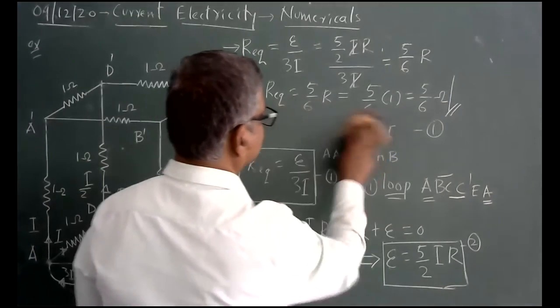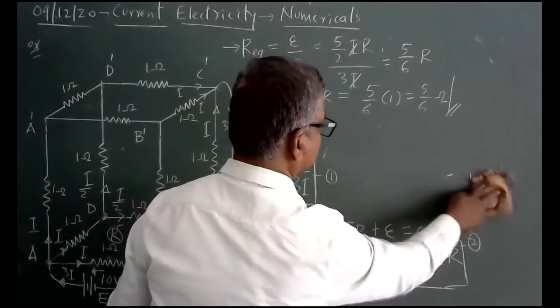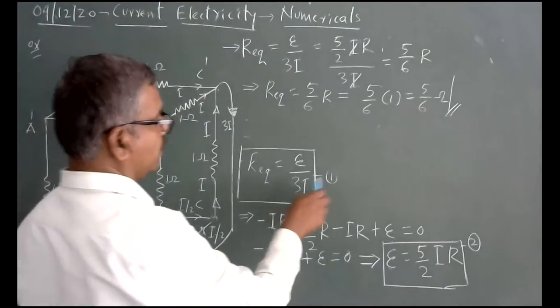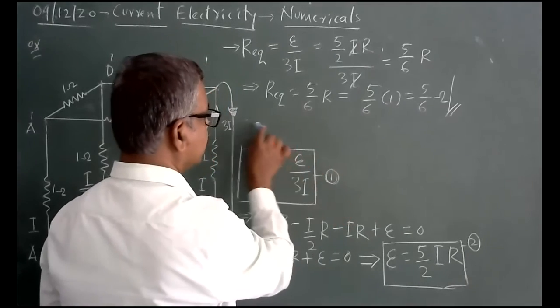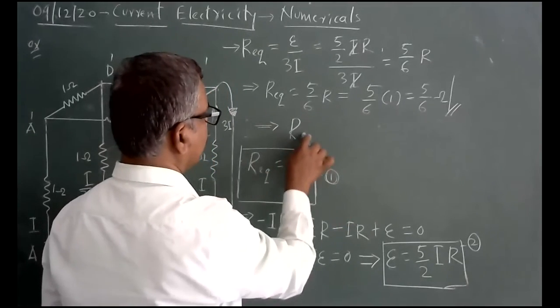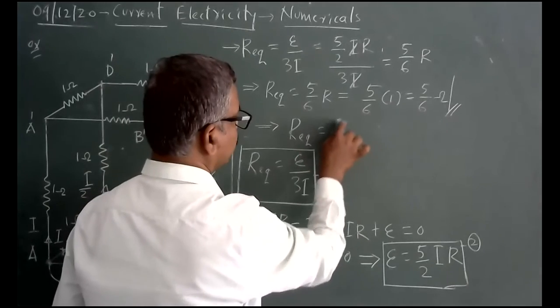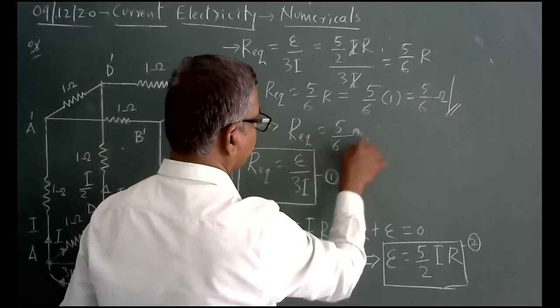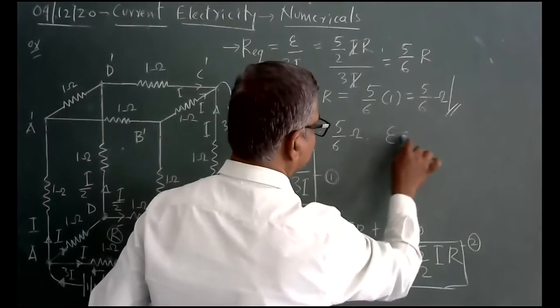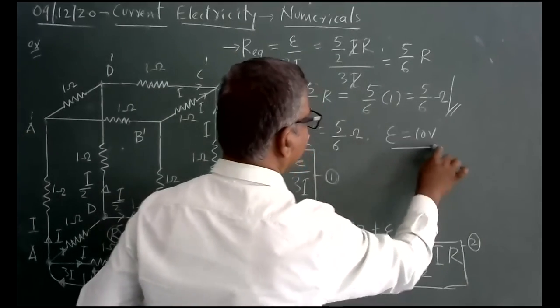You have a formula here. Once again, use this formula. We calculated R equivalent. R equivalent is equivalent to 5 by 6 ohm. Now substitute this EMF value, whose EMF value is 10 volt, already given.